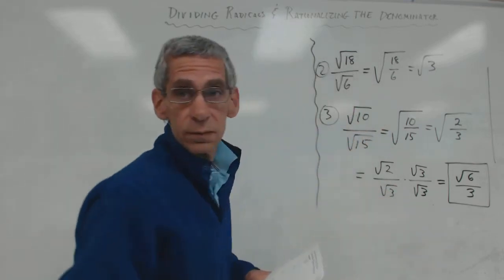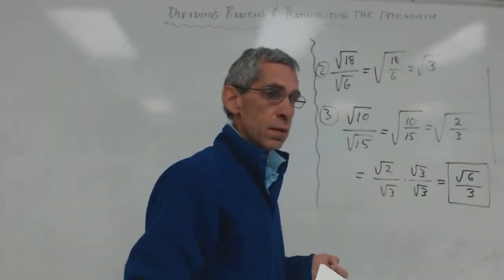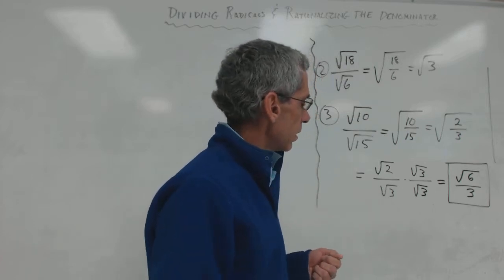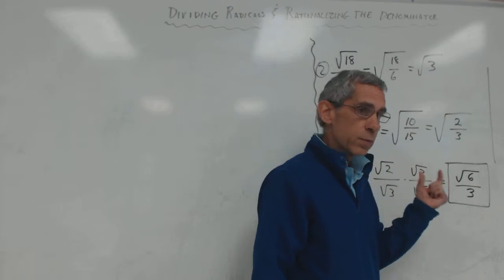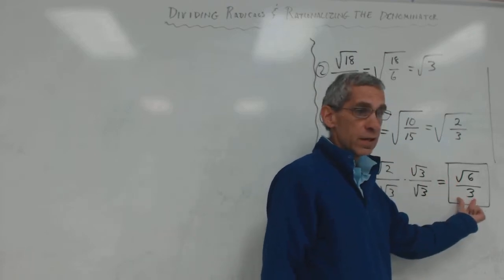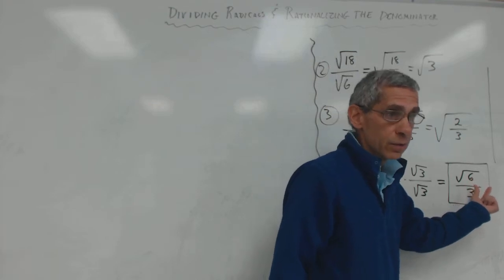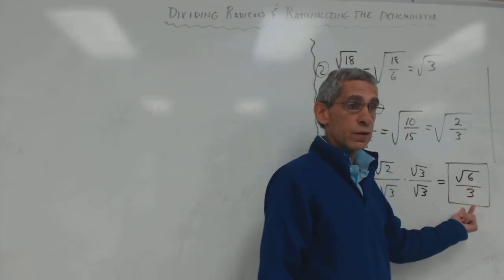So wait, wouldn't you do like 2? No, I can't, because remember, as with multiplying, if something is not under a square root sign, I can't multiply it times something that is under a square root sign. Same thing is true with division.